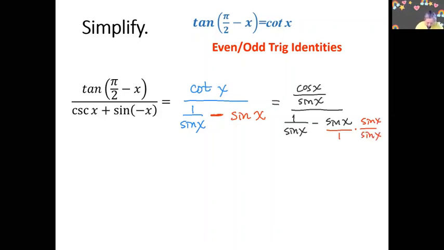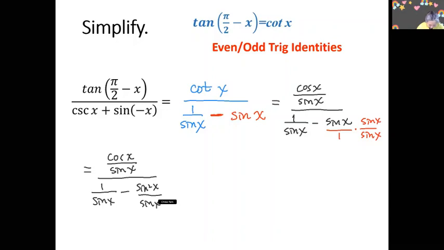Then let's see what happens. I will copy the top fraction as is. Then it's 1 over sine x minus sine squared x over sine x.